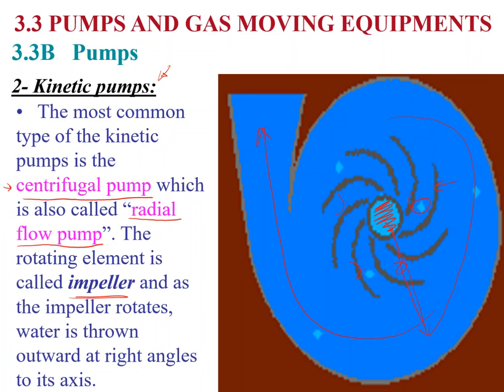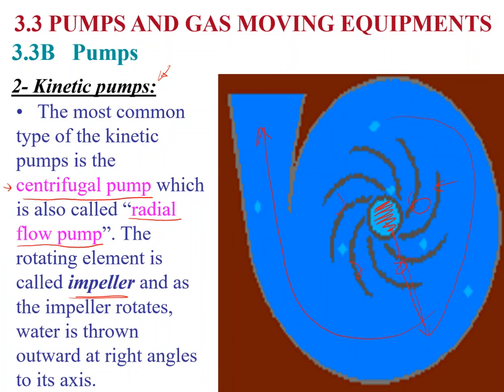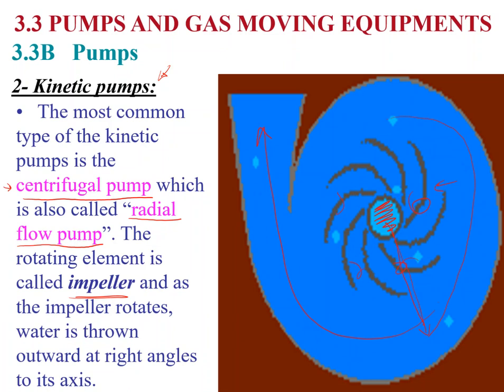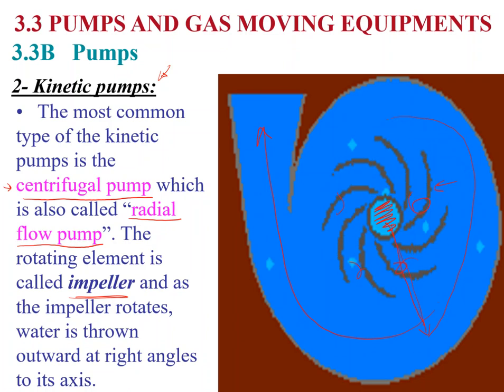The gears in the previous type were trapping the fluid. Here, the energy is coming from this impeller. As the impeller rotates, water is thrown outward at right angles to its axis. So this is how the centrifugal or radial flow pump works.